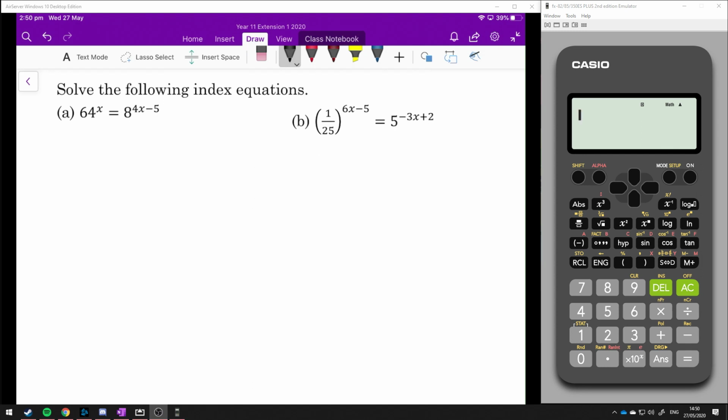So we're going to solve the following index equations. We're going to start off with A, which is 64 to the power of x is equal to 8 to the 4x minus 5. I should start by saying that the idea behind this is we want to get the bases to be the same, because it's only when the base is the same that we can start doing stuff with these things.